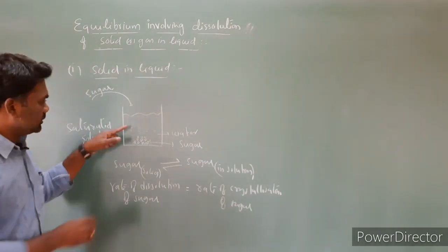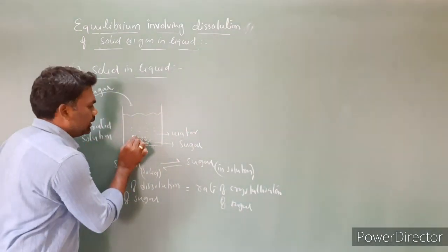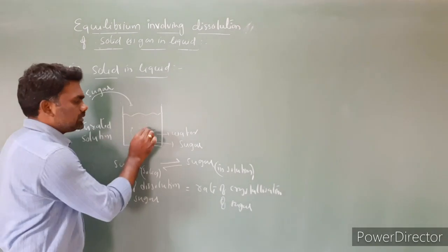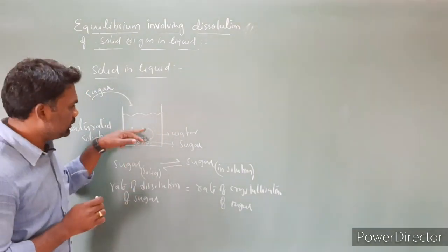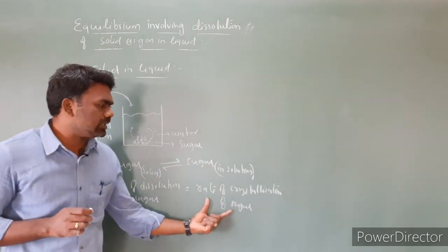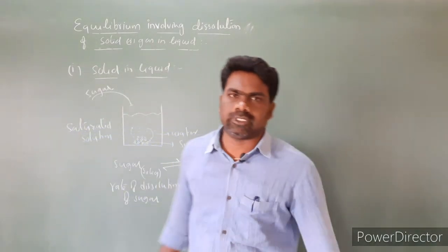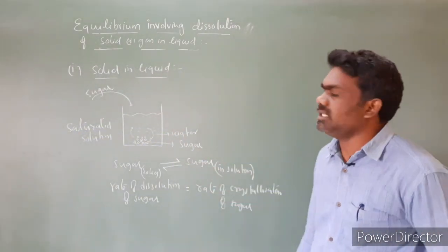Sugar molecules are entering into the solution, and sugar molecules present in the solution are returning to the solid form. So the rate of dissolution is equal to the rate of crystallization of sugar. This is solid in liquid.